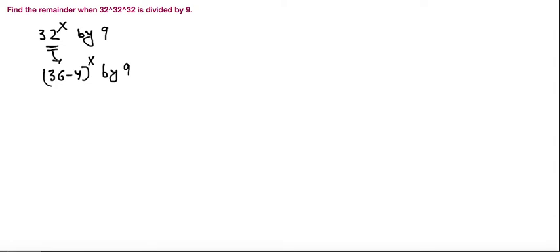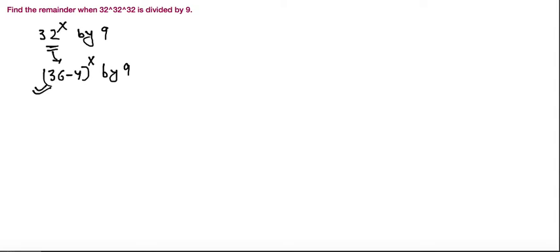Now, if you observe, if I actually expand this entire expression, if I open up the bracket, all the terms except the last term will be a multiple of 36. All the terms in this expansion except the last term, which is minus 4 to the power x, will be multiples of 36.